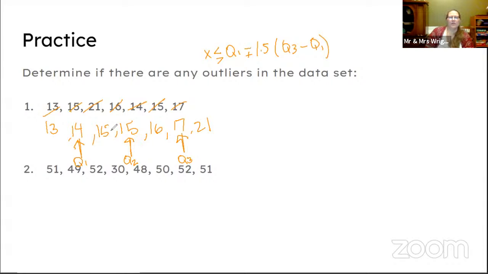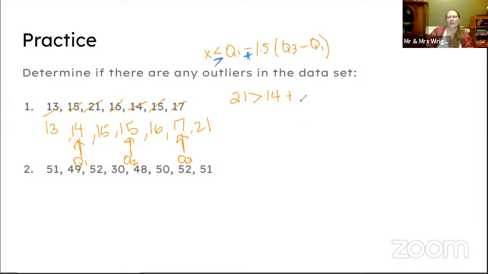Okay. So in this case, since 21 is on the upper end of the data, I'm going to fill this out with the greater than. So quartile 1 is 14. And because I use greater than, I'm going to use plus here. Matter of fact, let me put it in a different color so you know that it matches.